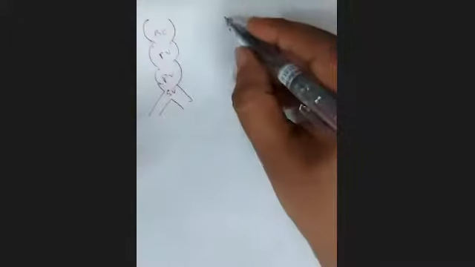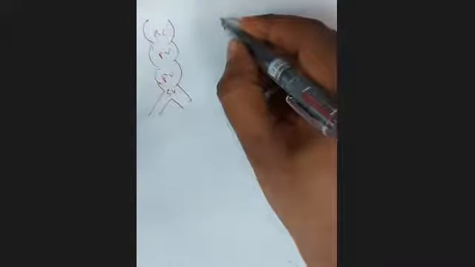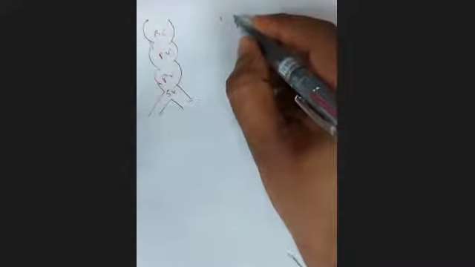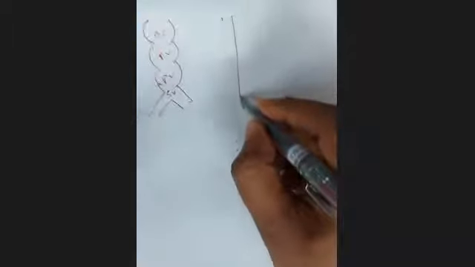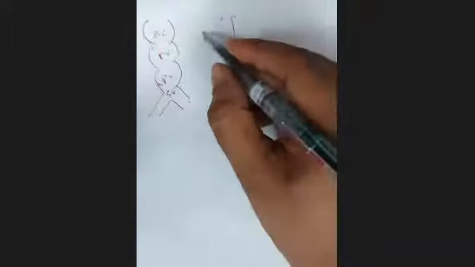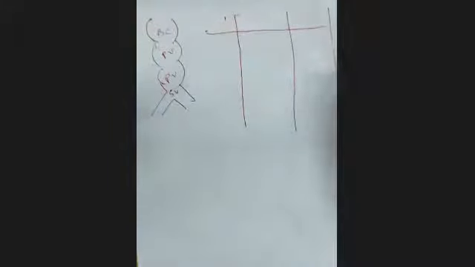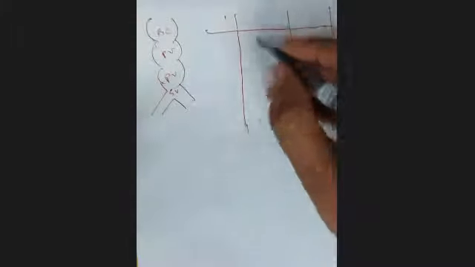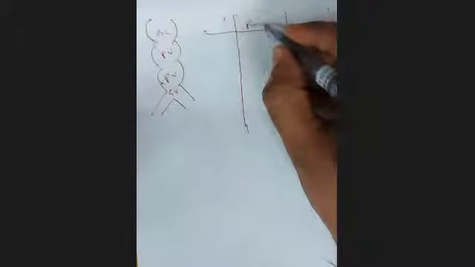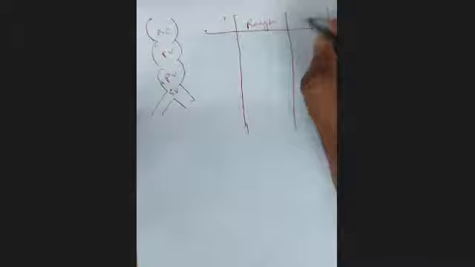So now I am making a table here and writing the names of the four chambers. Each chamber of the heart has a rough part and a smooth part.